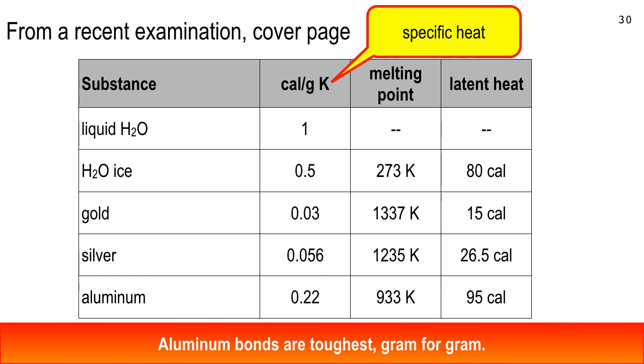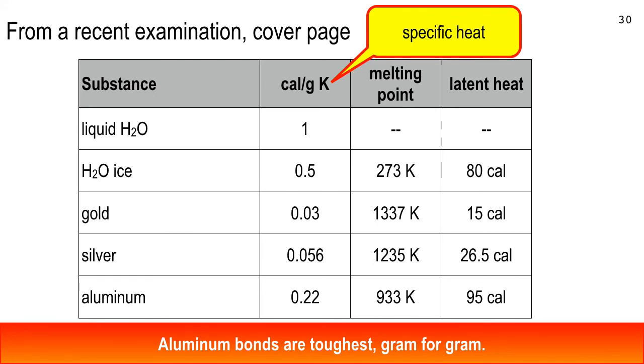But in terms of gram for gram, matter of fact, gold might be toughest to break the bonds because gold is really heavy. So 1 gram of gold, you don't have a whole lot of gold. 1 gram of aluminum is much lighter. So you got a lot more aluminum atoms in a gram of aluminum than you have in a gram of gold. So you can work it out on that basis. But for us, in our scale of working, we're going to be working with grams and so forth, the calories. Latent heat on a gram for gram basis is righteous.